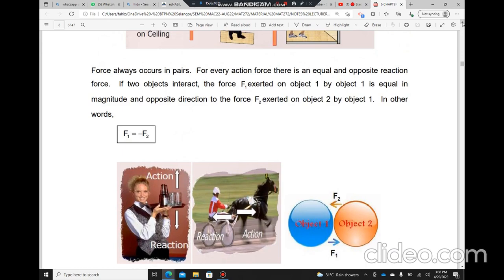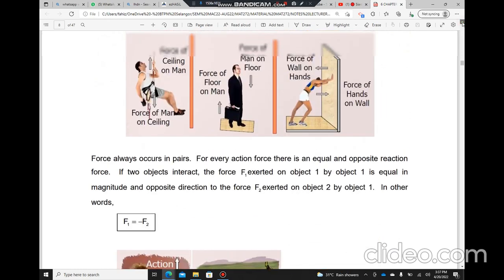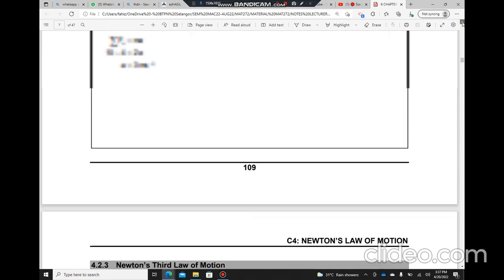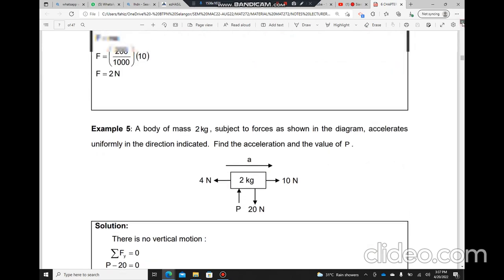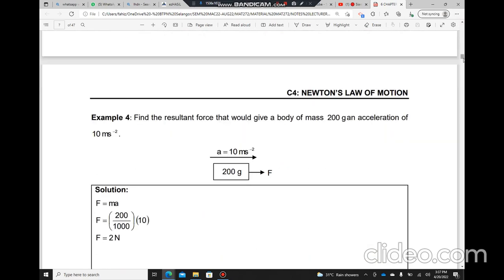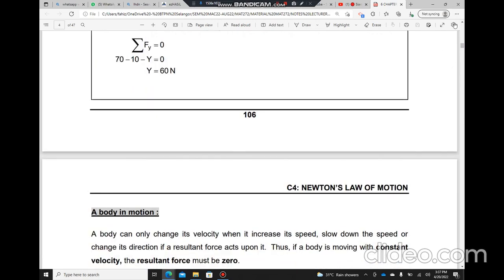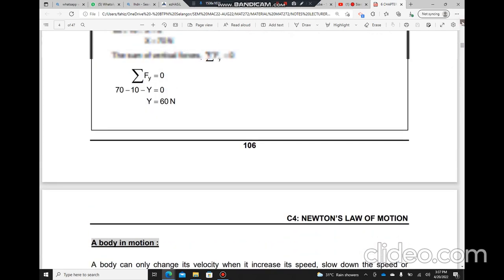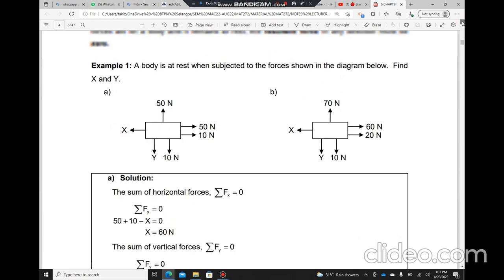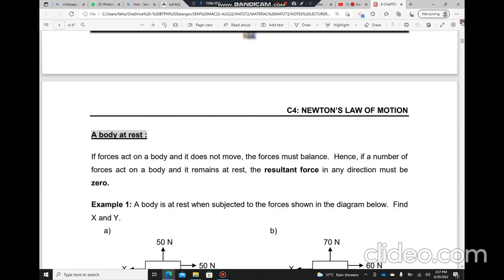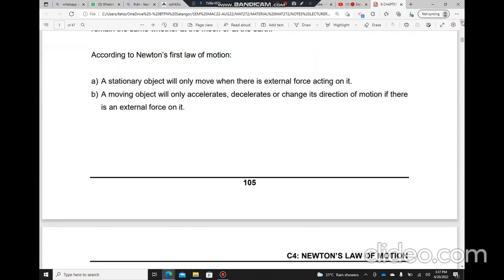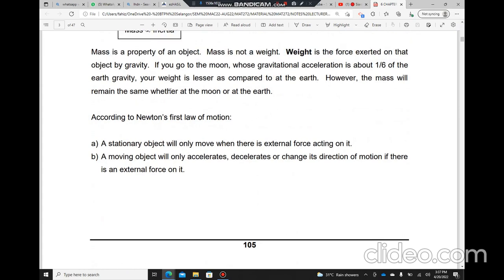So kita ada 3 untuk Newton's third law, F1 equals to negative F2. Untuk Newton's second law, F equals to ma, and then kita ada satu lagi Newton's first law. Okay, Newton's first law yang biasalah, maknanya jumlah force kan, kita based on jumlah force. Okay. So this one is Newton's first law of motion.